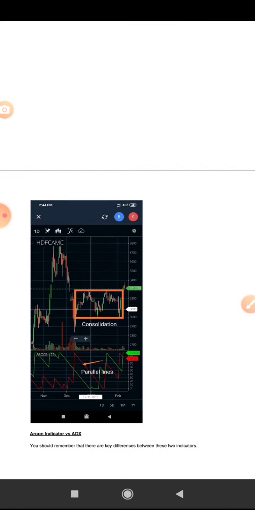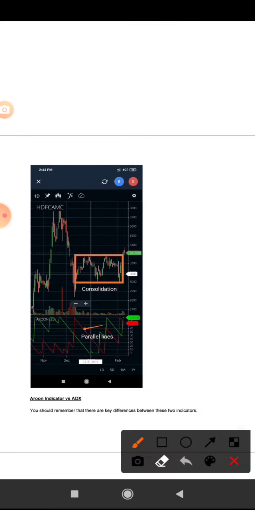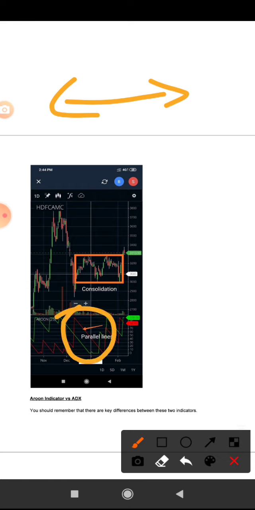And when the trend is going sideways, trading in a small range, the Aroon lines are in parallel. That's what you need to remember. You should not trade this sideways market, because there are high chances of your stop loss getting hit, or you will not get a good risk to reward ratio.